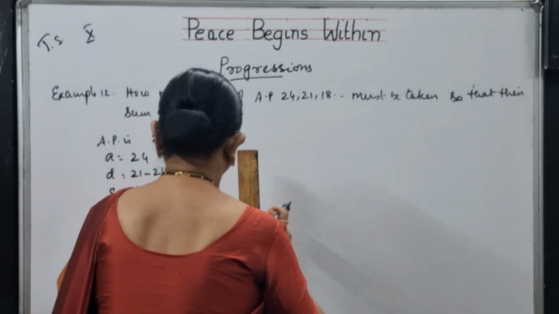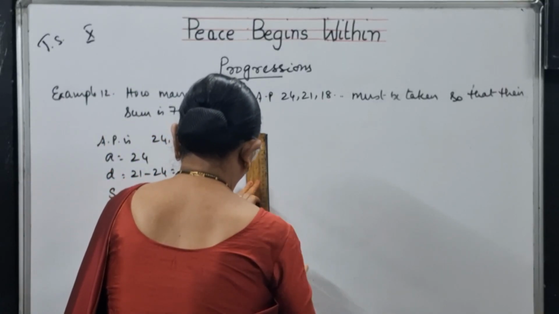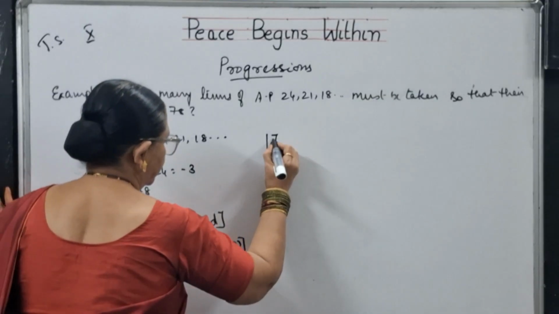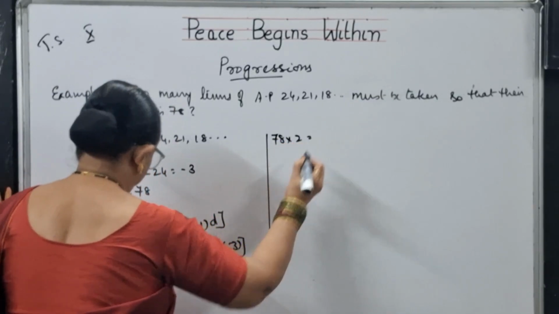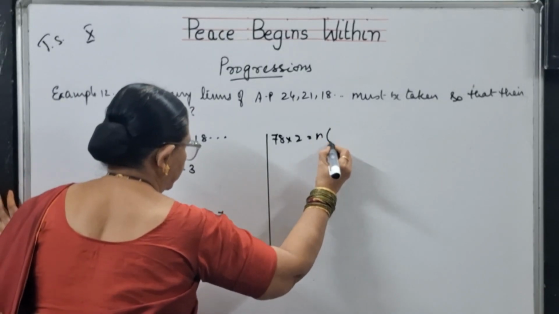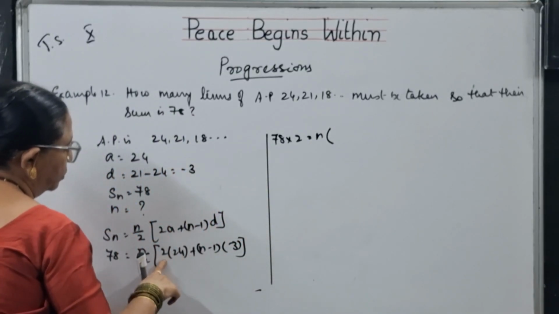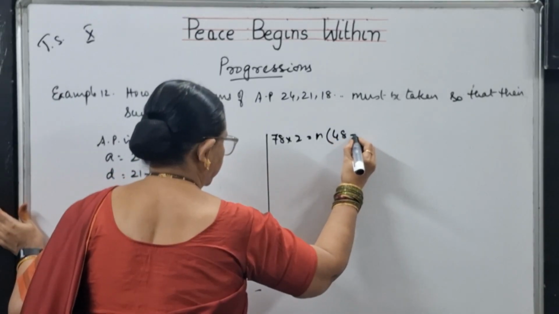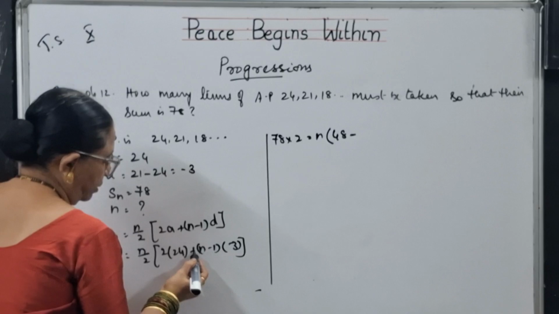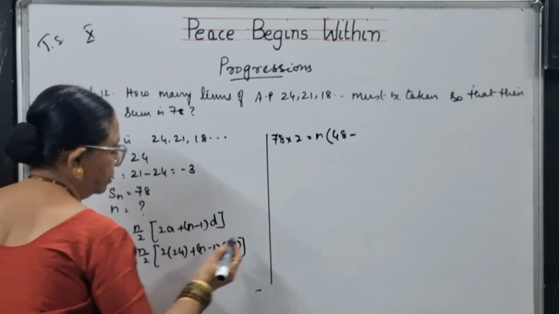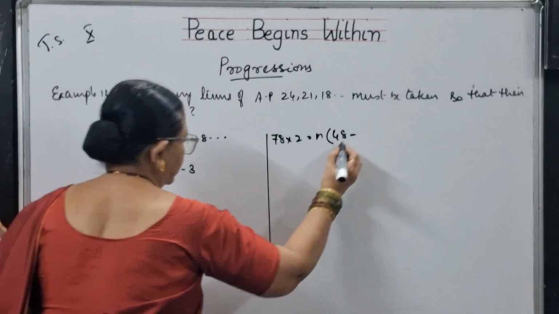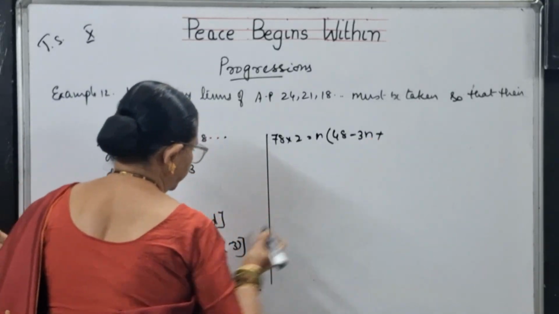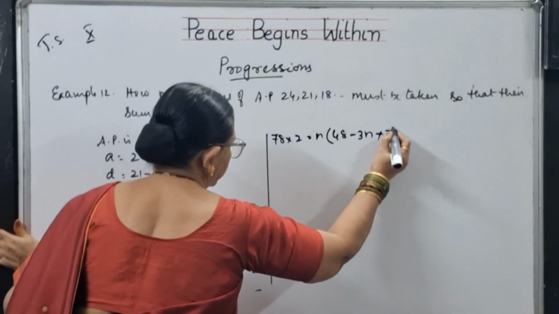So that means, let me send this 2 here, that is 78 into 2 is equal to n into 24 twos are 48 plus minus 3 into n minus 1. Minus 3 into n is minus 3n, minus into minus plus 3 into 1, 3.